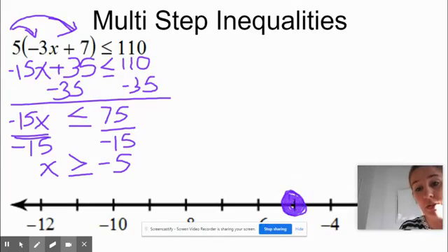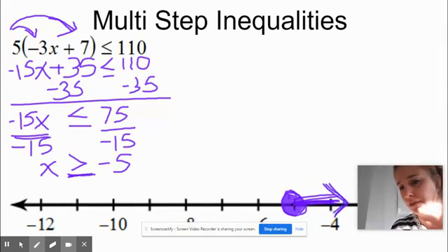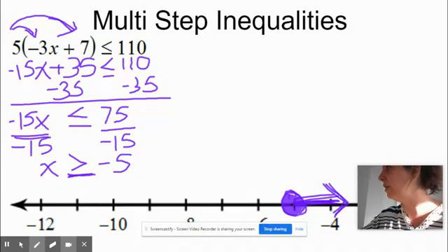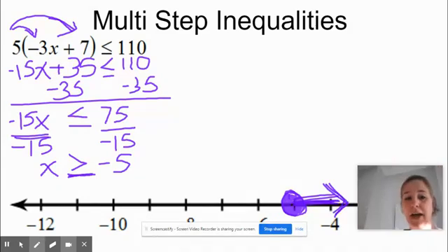It's a closed circle because of that little line here, implying that it's or equal to. Okay, so now x, is that bigger or smaller? The x is bigger, so I'm going to shade up the number line, right? Because the farther I go this way, I get -4, -3, -2, 0, 1, 2, 3, 4, 1 million, whatever, right? So that's how that one's done.